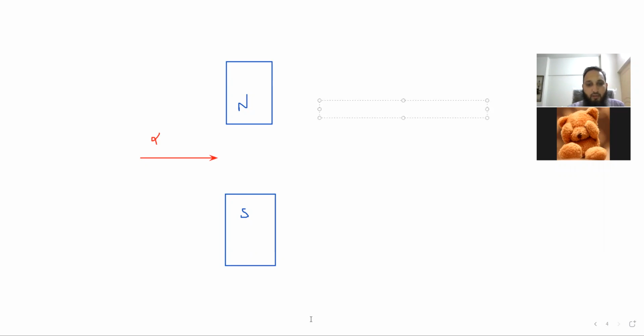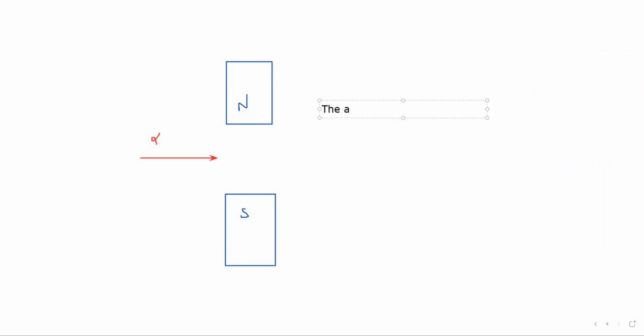So in this case, what happened? The alpha particle is moving perpendicular to the magnetic field. Perpendicular means 90 degrees.